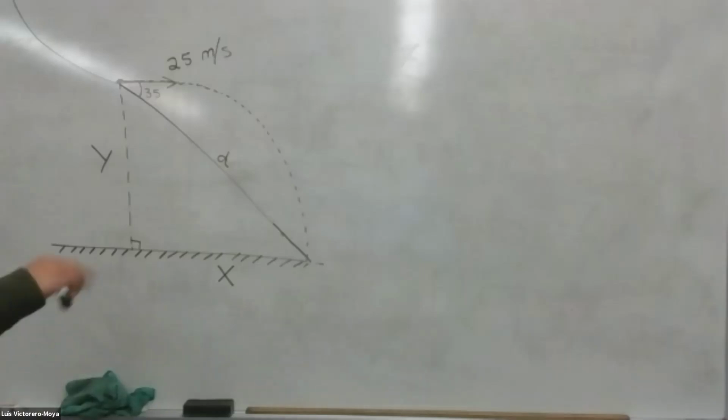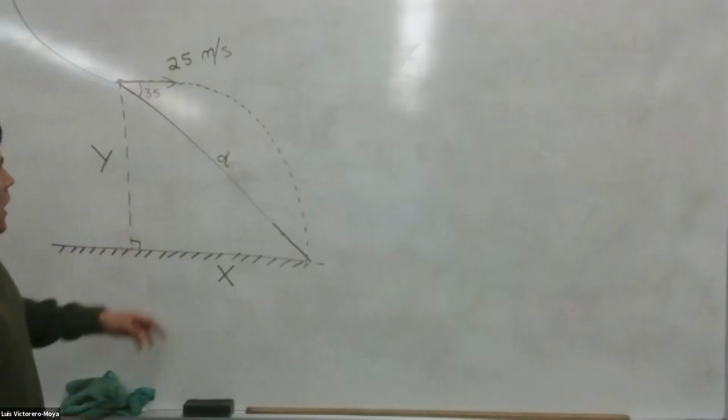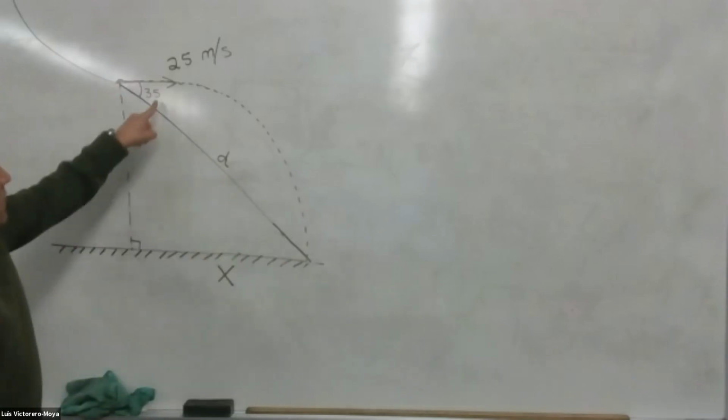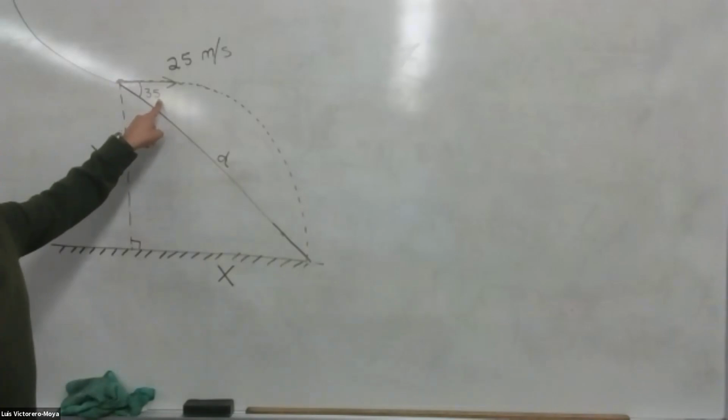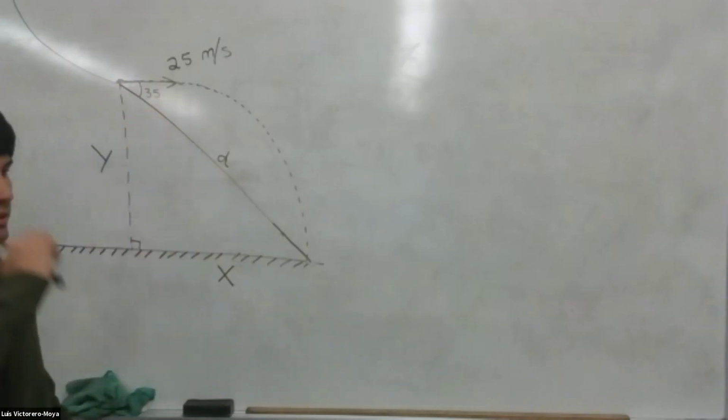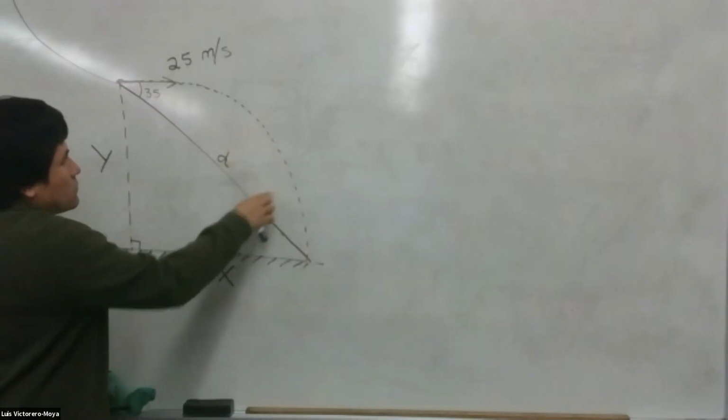Realistically speaking, normally you have bumps and stuff, but you can have some sort of a slope given by an angle there. So the problem is very easy if you realize what I was doing at the end of the first video.